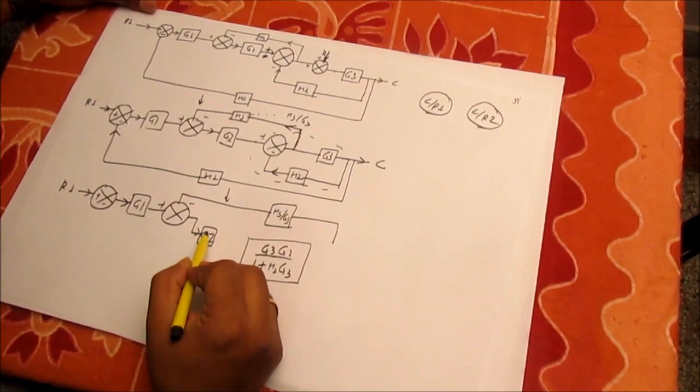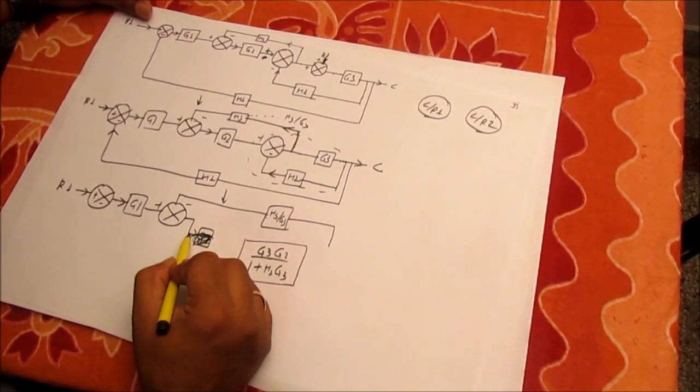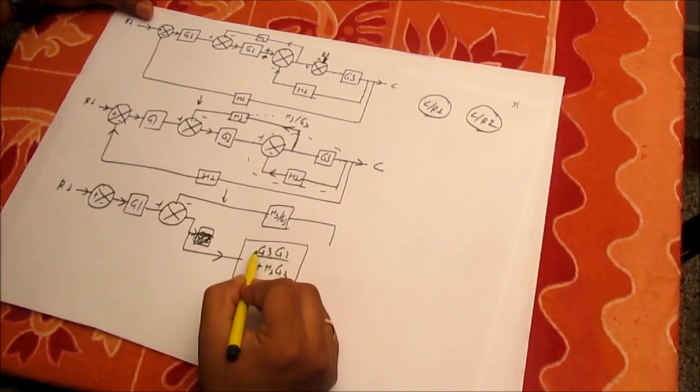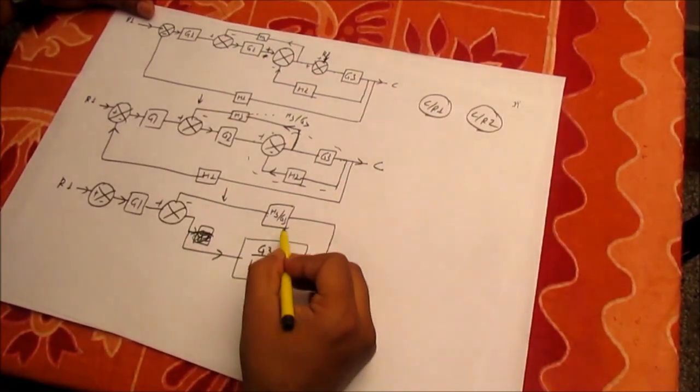I am just connecting this point here: G2 G3 divided by 1 plus H2 G3, and I have here H3 by G3.